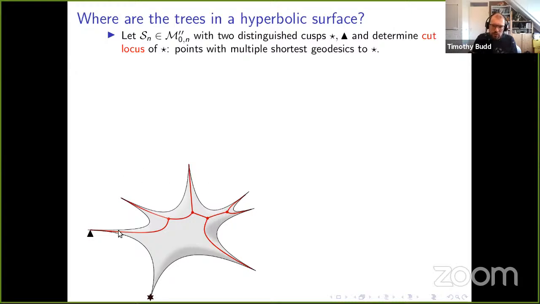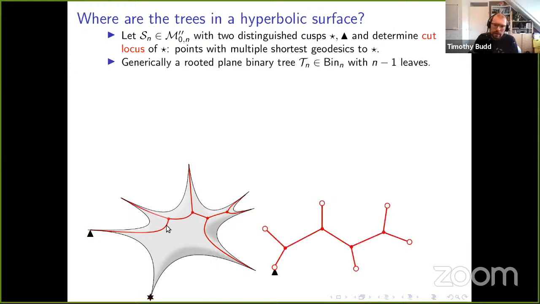And actually these points generically group up into a tree structure where all the edges of the tree are hyperbolic geodesics themselves, and they either end at one of the cusps that is not the origin, or they end on a vertex of degree 3, which are the points in the surface that have exactly three shortest geodesics running to the origin.